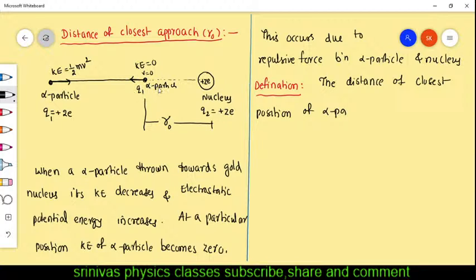And this closest position distance, the distance of closest position of the alpha particle, is the distance at which its kinetic energy becomes zero.